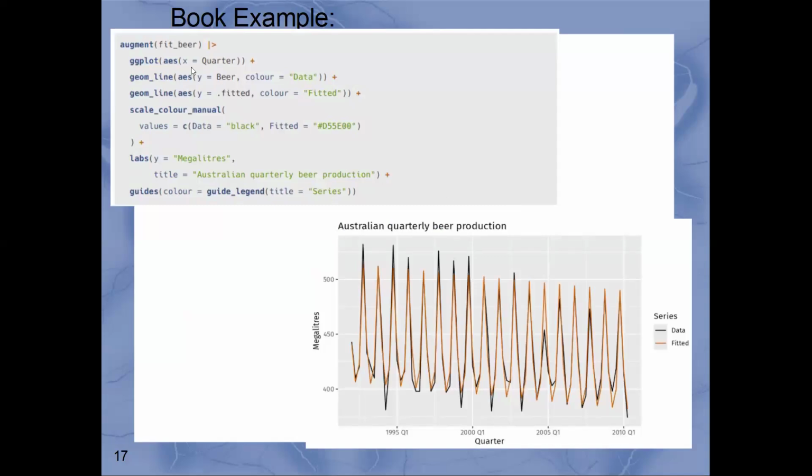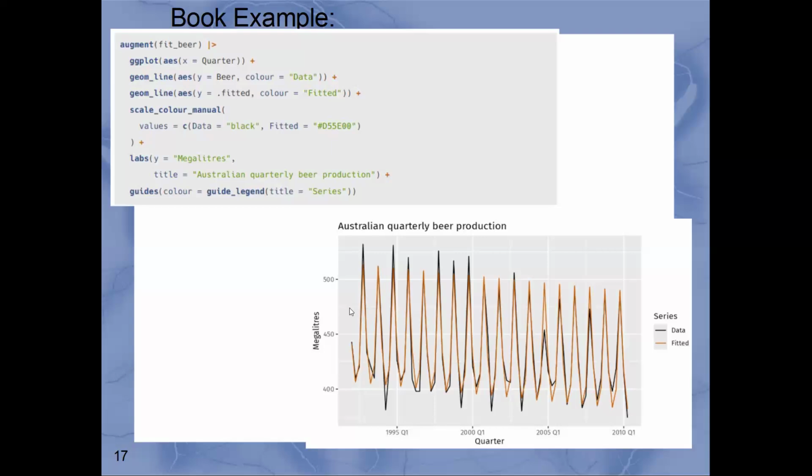We'll plot our estimate versus the actual values, or the fitted values. The data is in black, and the fitted value is this orange or brown color. What you notice is that it captured the seasonality pretty well, and it didn't do badly, but you can see that sometimes it missed a lot.